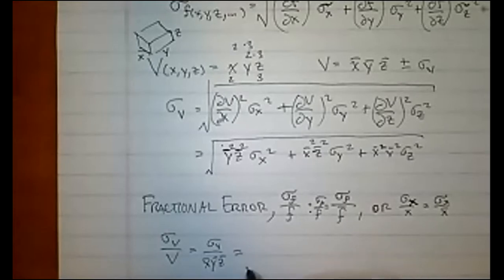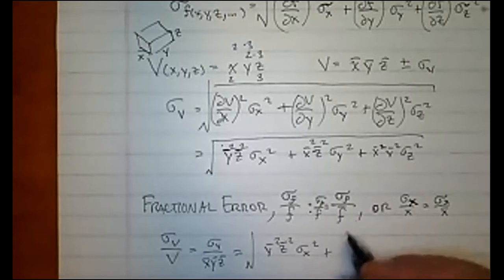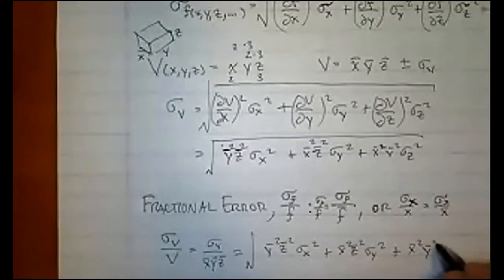Well, that means I'm going to take the square root, which was y bar squared, z bar squared, sigma x squared, plus x bar squared, z bar squared, sigma y squared, plus x bar squared, y bar squared, sigma z squared.